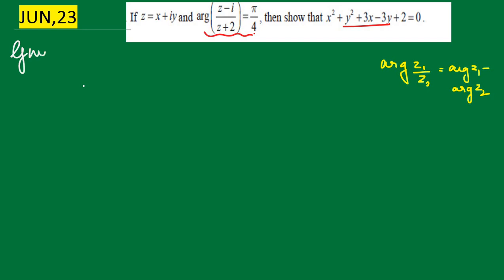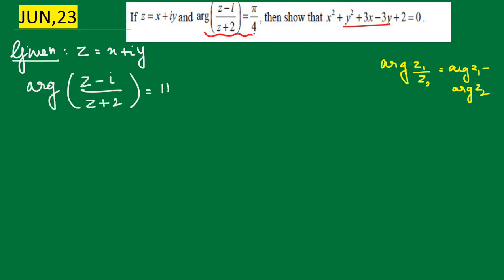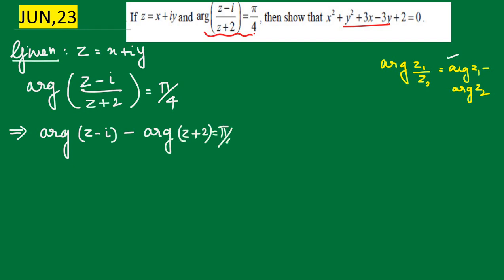So let us write what is given. Given that z is equal to x plus iy and argument of (z minus i) divided by (z plus 2) is equal to pi by 4. So the argument can be written as argument of the numerator, z minus i, minus argument of z plus 2, is equal to pi by 4. Now substitute z is equal to x plus iy.